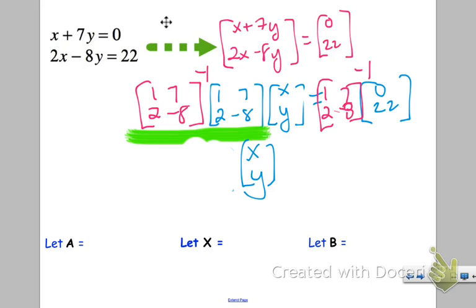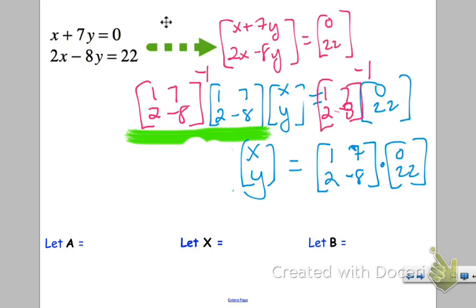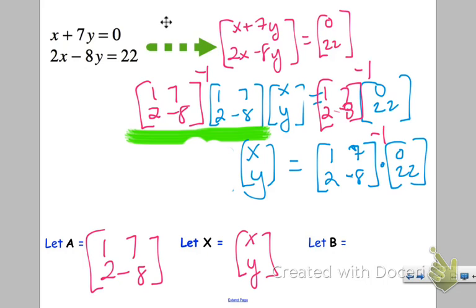And then that means that x, y equals whatever we get when we multiply the inverse of the coefficient matrix times 0, 22. Oh, don't forget, it's the inverse. So we're going to let A equal this matrix. We're going to let this capital X just stand for our variables that we're missing. And B is going to equal the total numbers here.